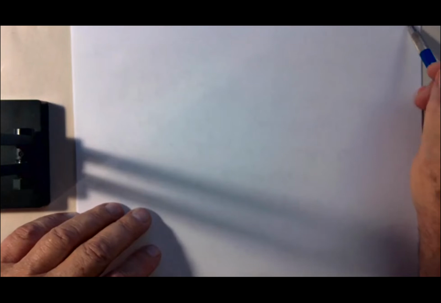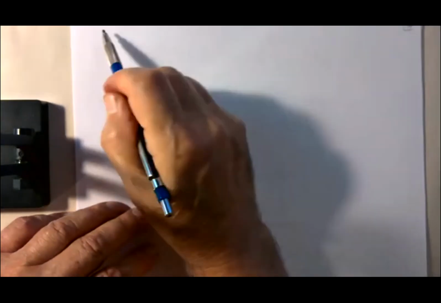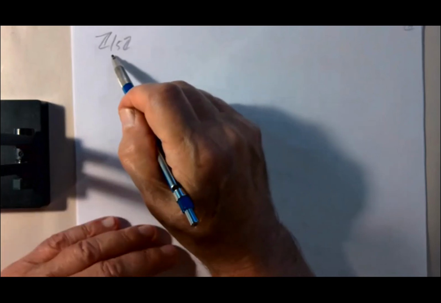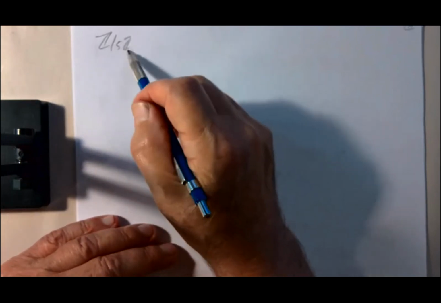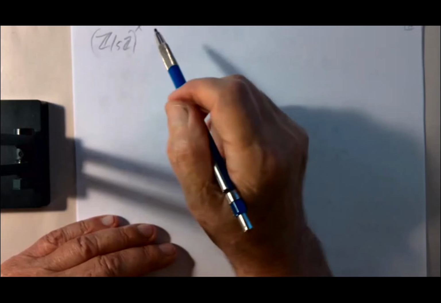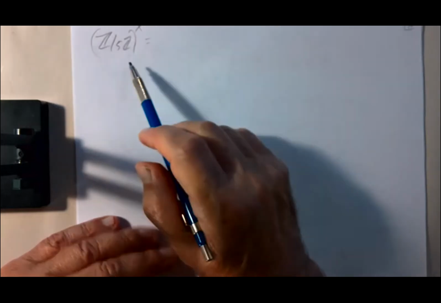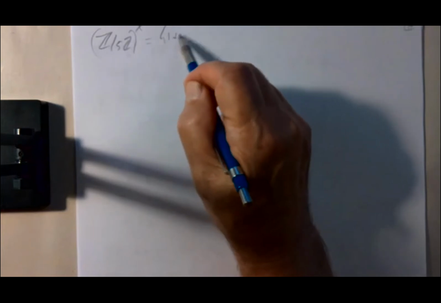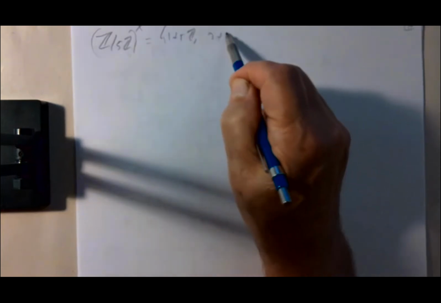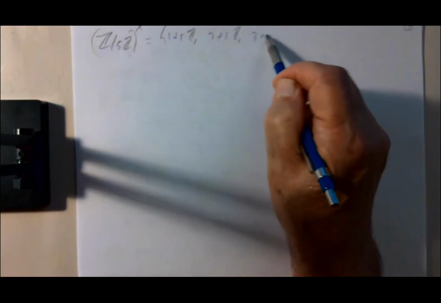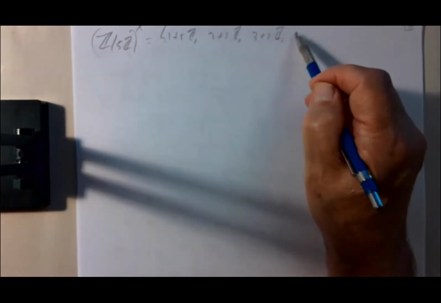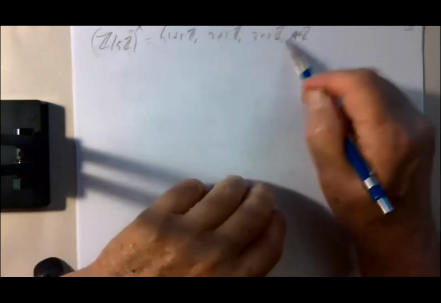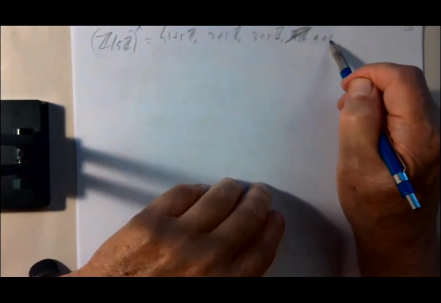What's another example? Suppose I take Z mod 5Z. This is the additive group of congruence classes mod 5, but this is the group of congruence classes relatively prime to 5: 1 plus 5Z, 2 plus 5Z, 3 plus 5Z, and 4 plus 5Z.